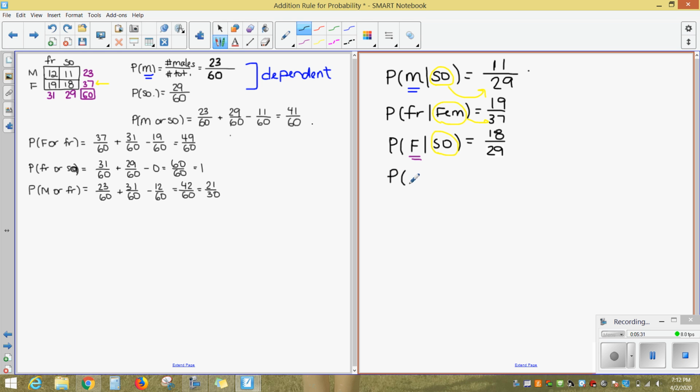So when I want the probability that the student is a female, that's 37 over 60. Since these two probabilities are not the same, the probability of drawing a freshman given a female and a sophomore given a female are dependent events. Same with this pair up here. Probability of a freshman is 31 over 60. We'll move on to another example here in a second.